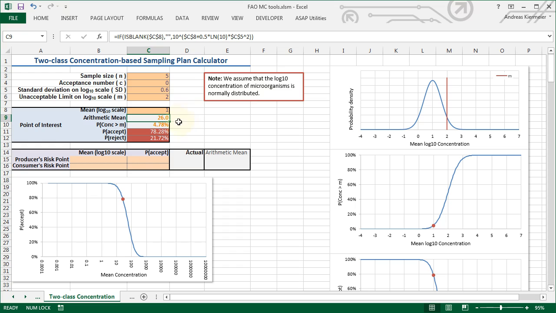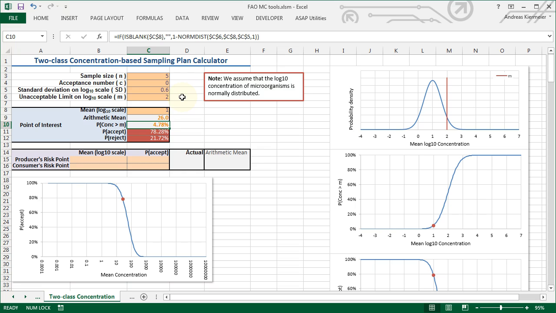We can see from the various outputs here that the arithmetic mean, which is calculated from the standard deviation and the mean on the log scale, is 26 CFU per gram, and that there is almost a 5% chance that an analytical unit from this particular food lot would exceed the microbiological limit, little m.